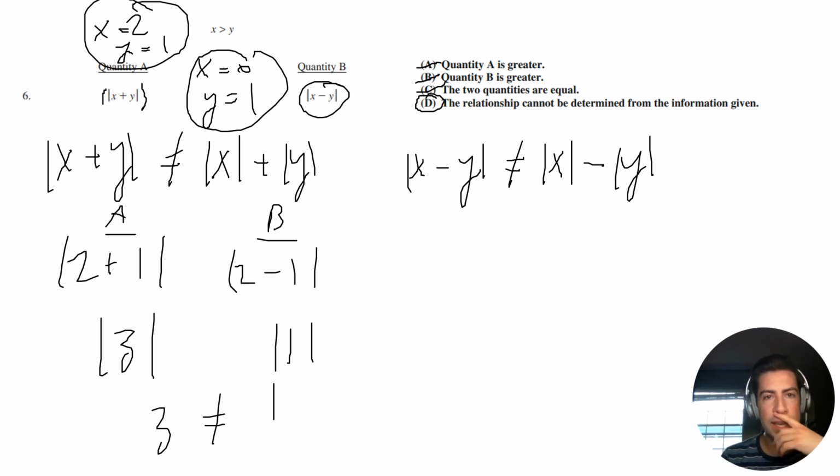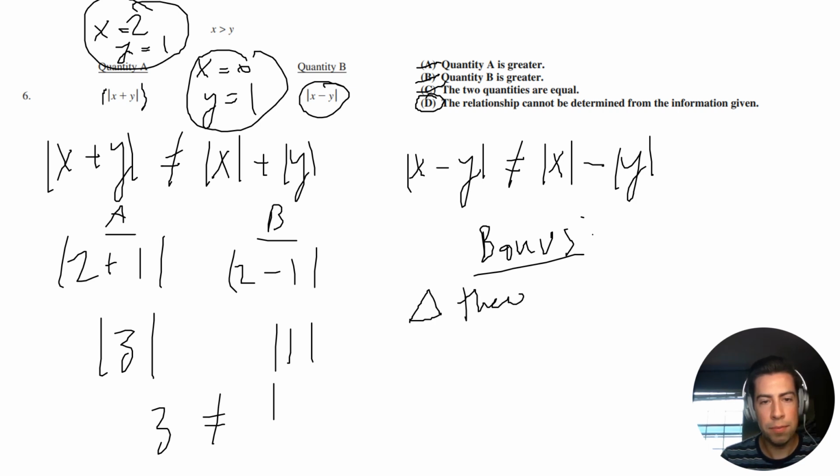Now one thing I do want to talk about, and we'll call this a bonus. You can skip this if you want, but this is just a little theorem, and it's called the triangle theorem. So the question is, what is the relationship between the absolute value of x plus y and the absolute value of x plus the absolute value of y?